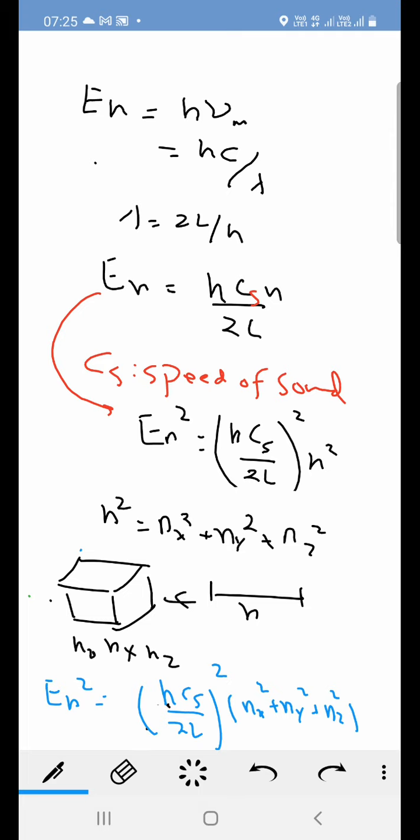Now the total energy in the box: there is a cube with three sides being clamped and there is sound energy inside it.